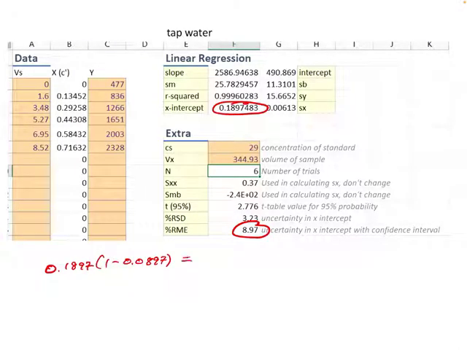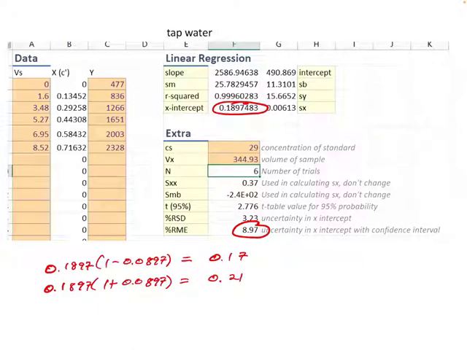And that value is 0.17. And then same idea, 1 plus 0.0897, and that's 0.21. Great.